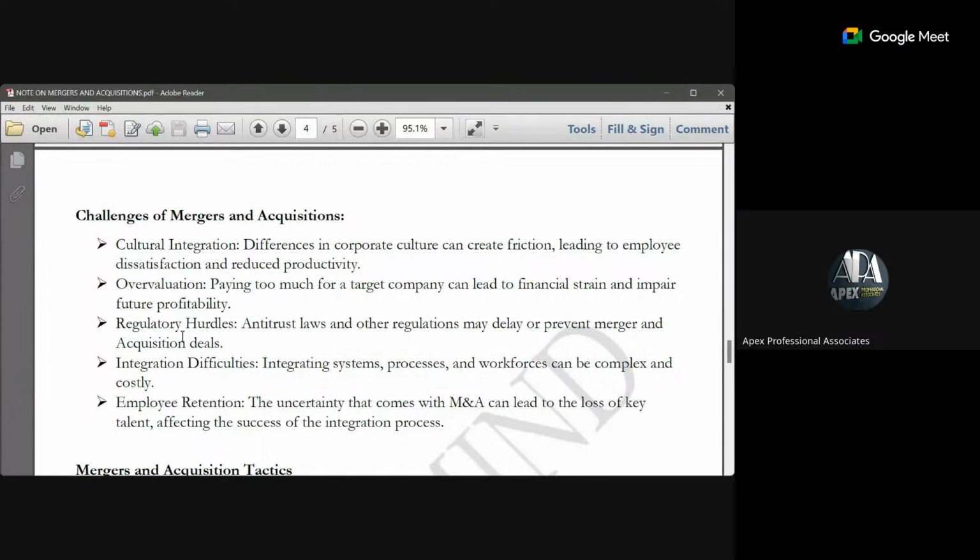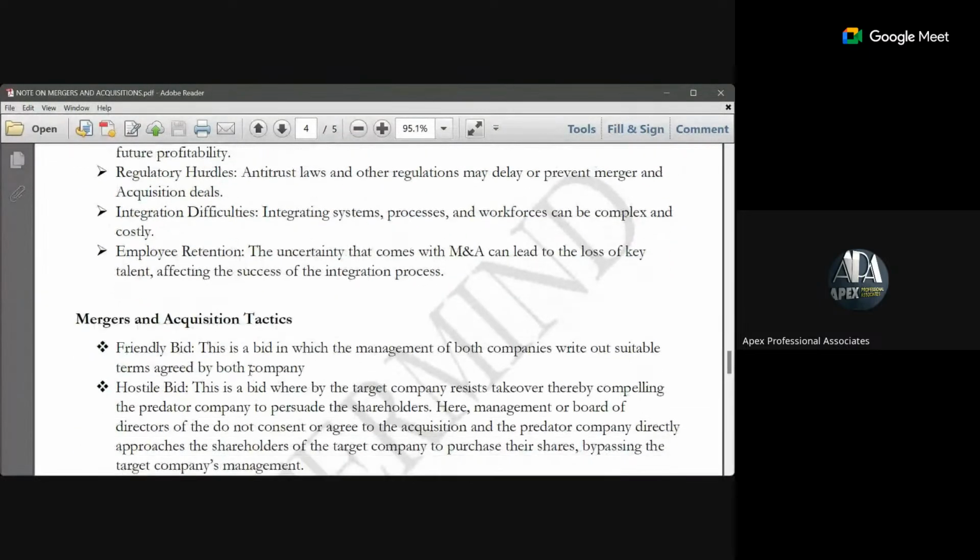The fear of who will be retained might make the best hands decide to resign before the mergers and acquisition is successful, because of the fear of losing their job. So they might opt for another job. The business might lose the good hands and, at the end of the day, this will be a hindrance to the success of the integration.